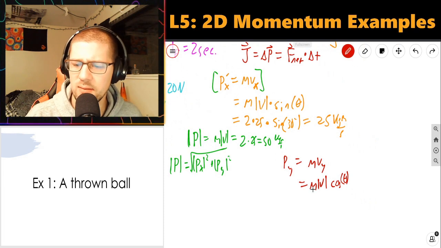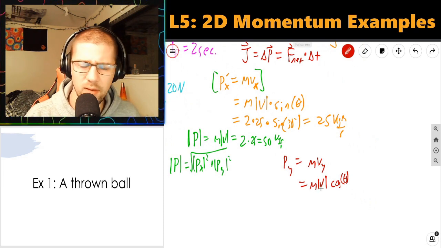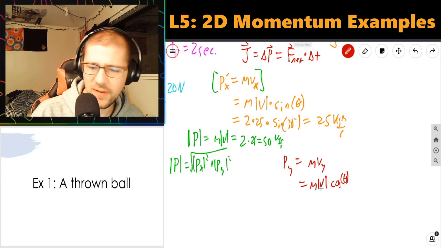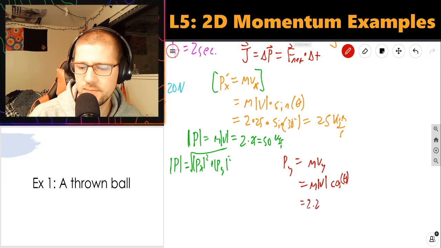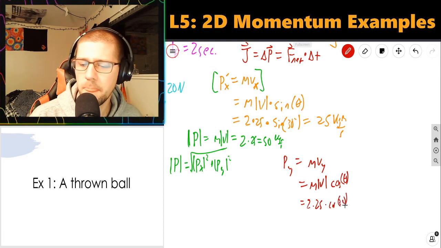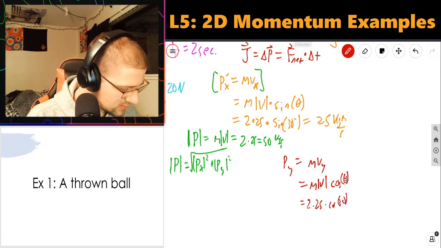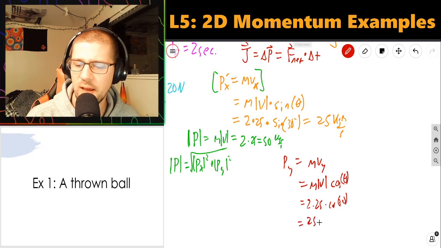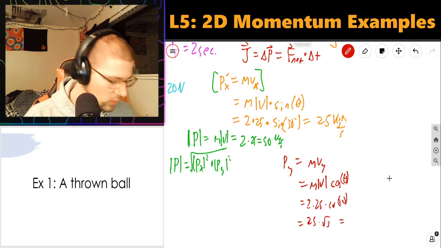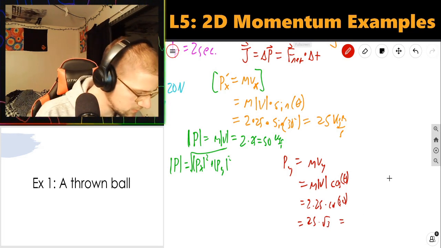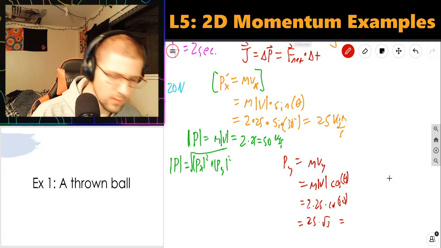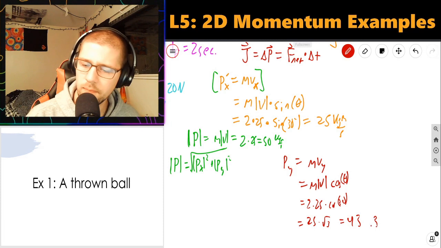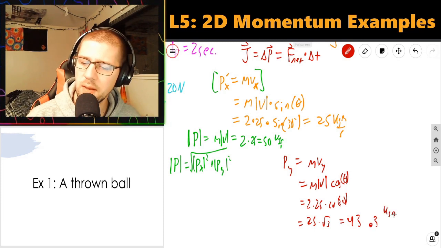Okay, and what I get out is, what is this one? It's going to be root 3 over 2, isn't that what it is? Hang on. So it's going to be 2 times 25 times cosine of 30. And cosine of 30 is 0.866, which is root 3 over 2. So this is 25 times root 3, which is approximately 43.3 kilogram meters per second.